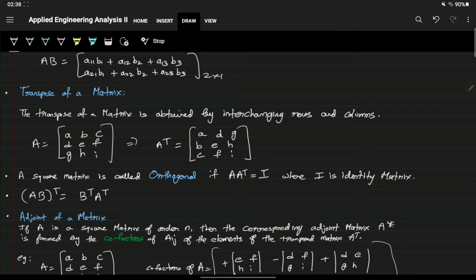Transpose of a matrix. The transpose of a matrix is obtained by interchanging rows and columns. So A, B, C, D, E, F, G, H, I, changing them, the entire column becomes a row.